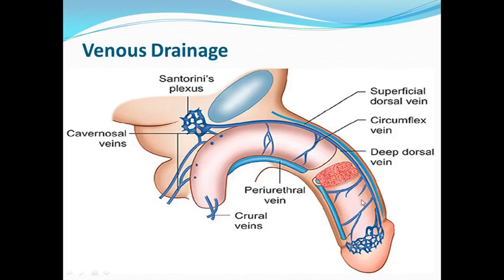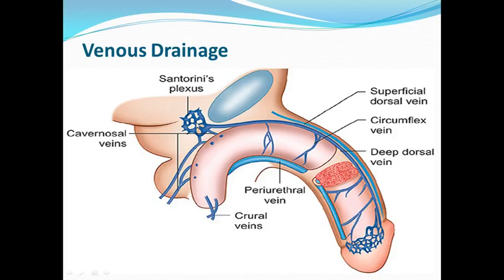Talking about the deep dorsal vein, this is the deep dorsal vein, and this will drain into the prostatic plexus or the Santorini's plexus. The prostatic plexus is also called Santorini's plexus, and the deep dorsal vein of the penis will drain into the prostatic plexus.